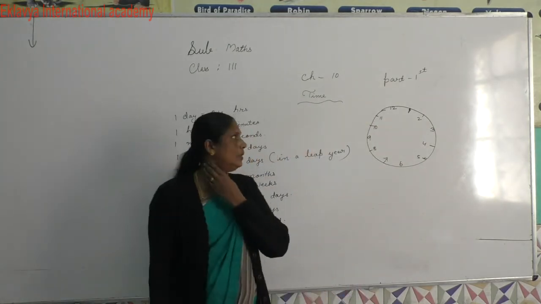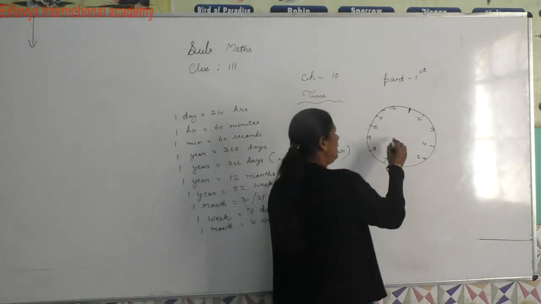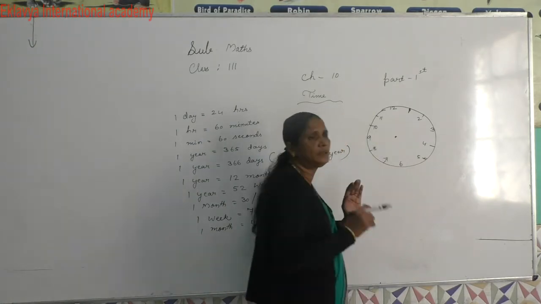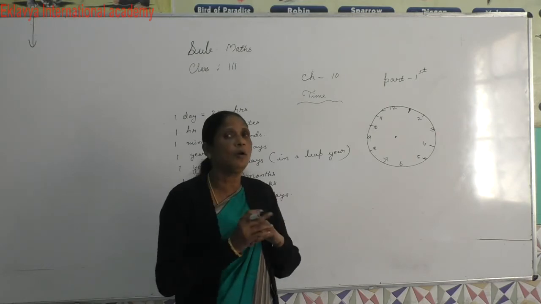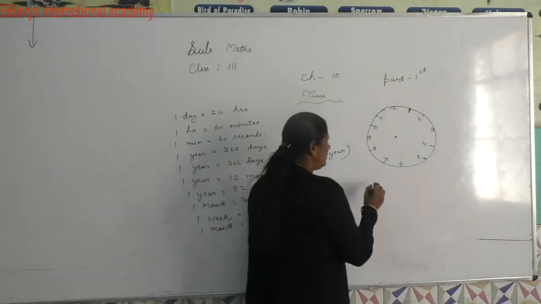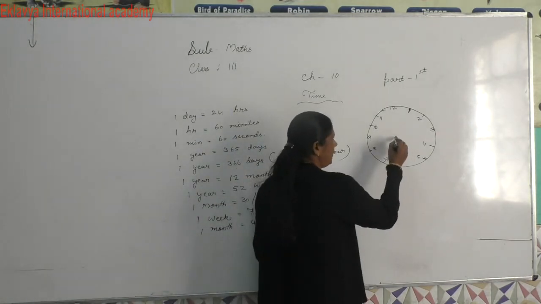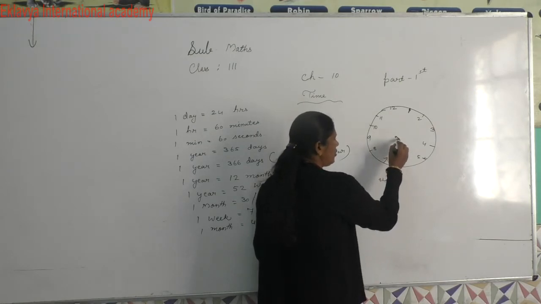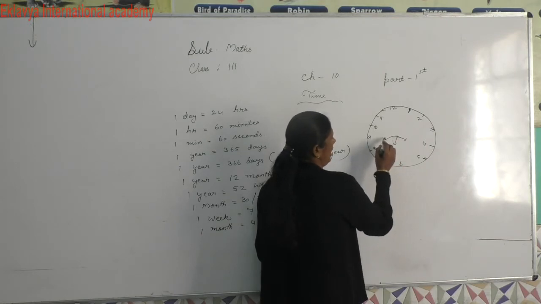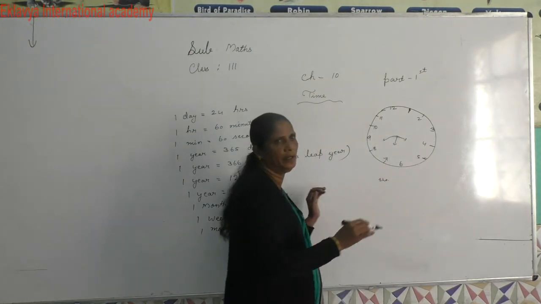This is our clock. Then there are 3 hands in a clock. How many hands in a clock? 3 hands. The short hand is the hour hand. Then the big hand is the minute hand. Then the longest hand is the second hand.